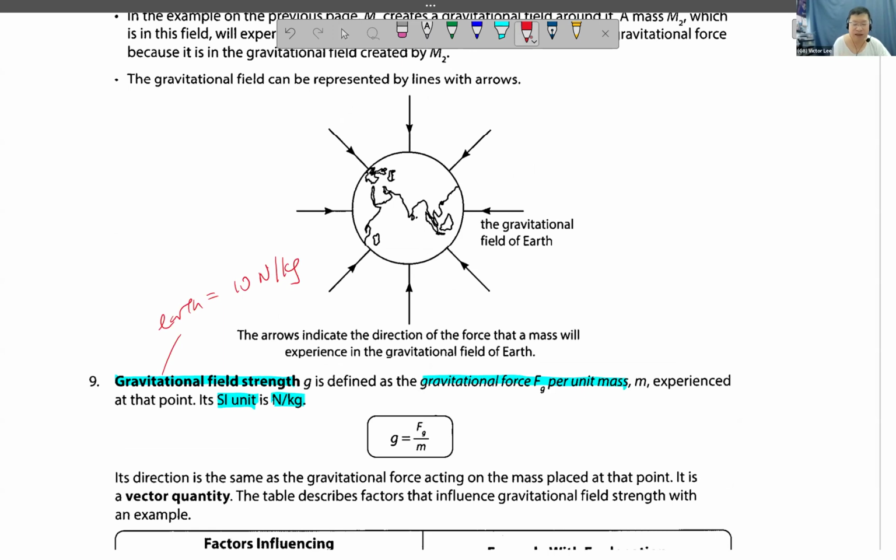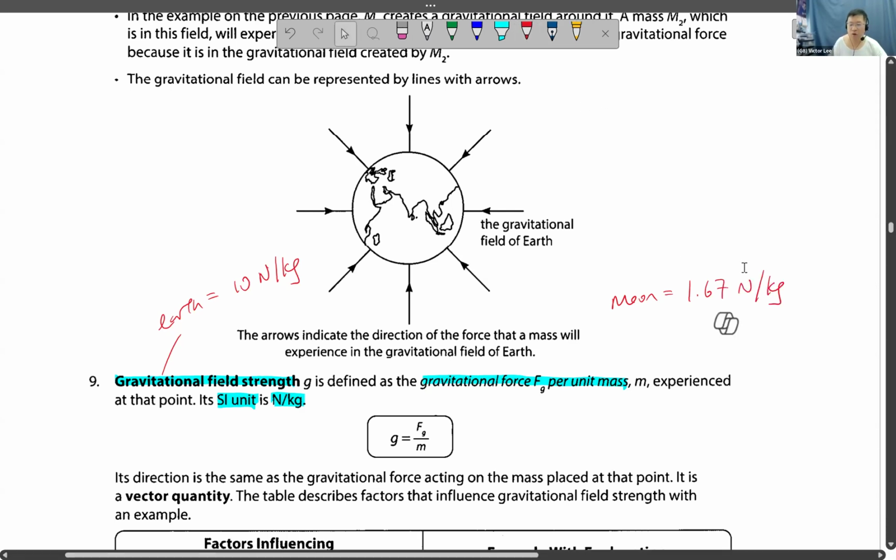So I will experience 10 Newton of force, the weight, for every kg of my object. But for the moon, it is 1.67 Newton per kg. So in other words, a 1 kg object feels 10 Newton on Earth because of the gravitational field strength of 10 per kg. But on the moon, every kg only weighs 1.67 Newton, which is much lighter.